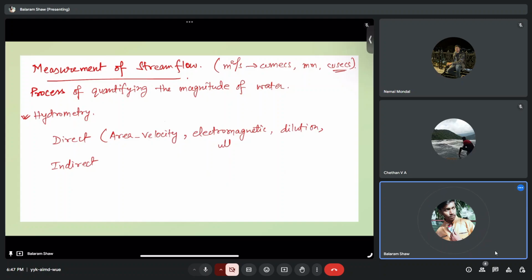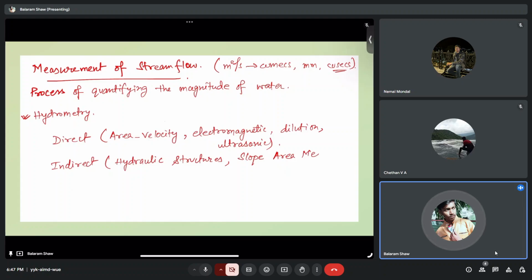Then we have ultrasonic methods related to sound. And indirect methods are some hydraulic structures like weirs, notches, flumes and all. Then we have the slope area method. So we'll study all this.